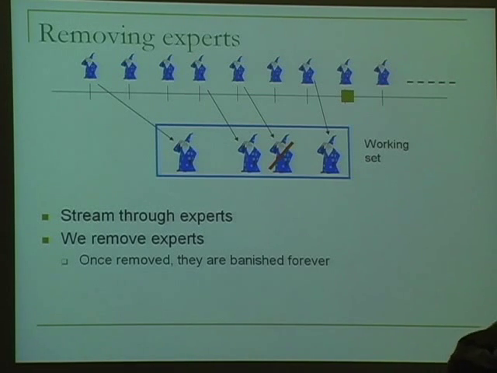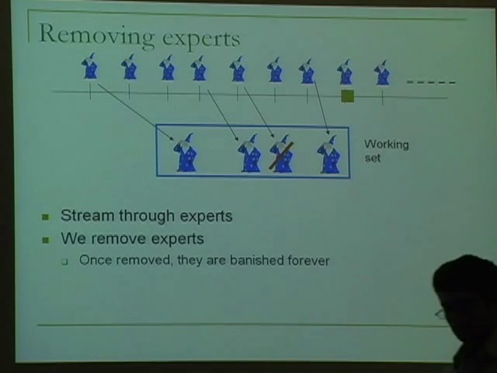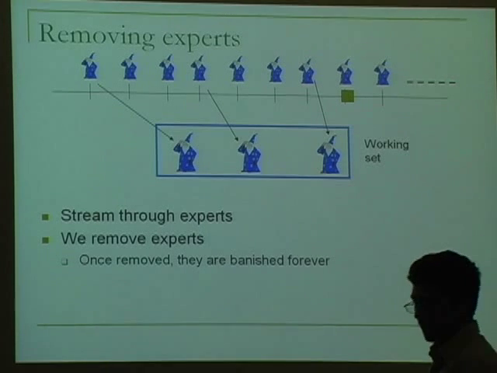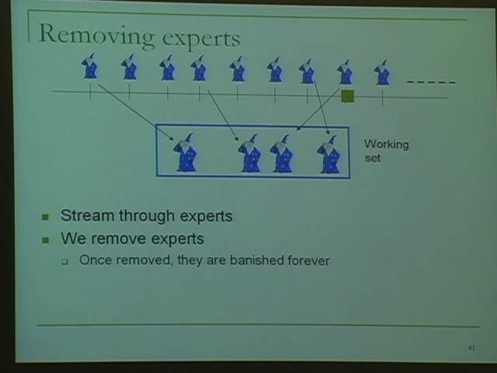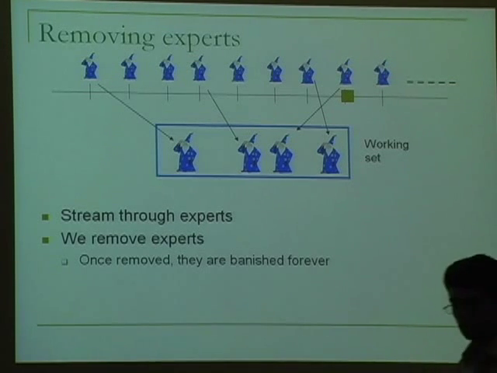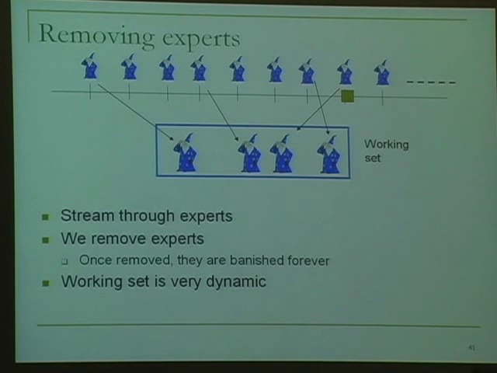So it's like this expert is killed, basically. Once this expert leaves, he can never come back into the room. So we remove him, and we might decide to add the present expert that we see. So you see that the working set now becomes extremely dynamic. Every step there's somebody coming in, there are people leaving, and it keeps changing.